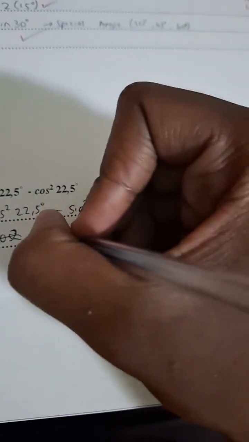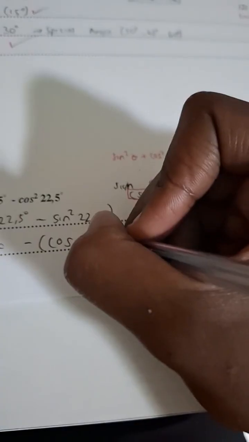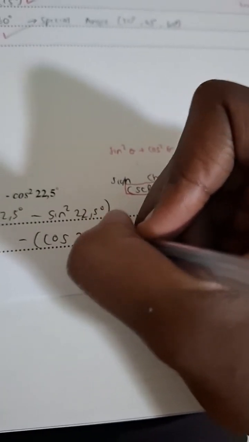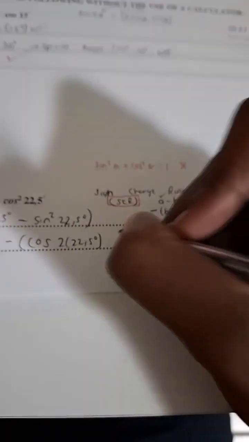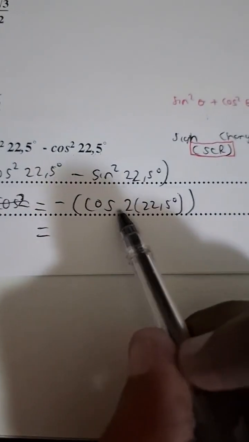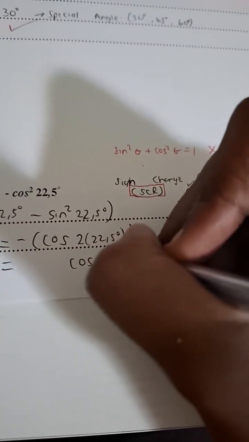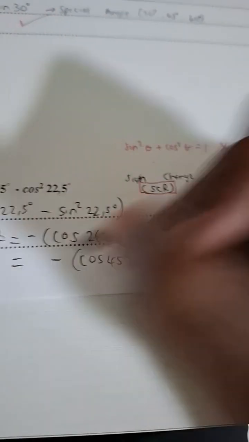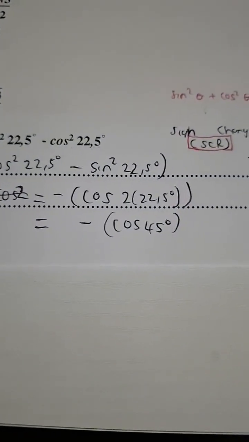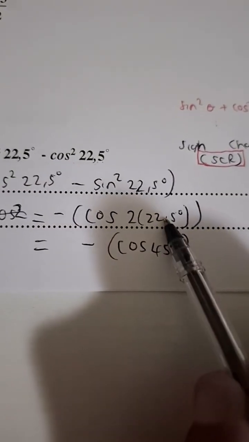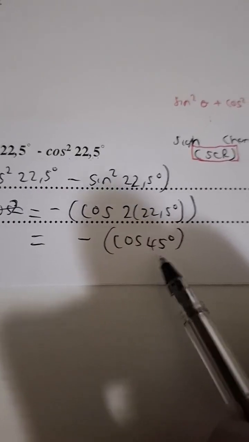Now I can say cos 2, so it's negative cos 2 times 22,5 degrees. And then what's cos 2 times 22,5? That gives us cos 45 degrees. Cos 2 times 22,5 degrees gives me 45 degrees.